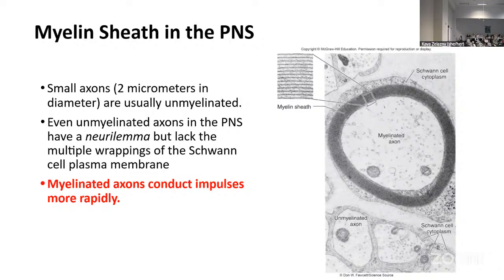So if we're trying to make a nerve work fast, it's helpful to make it big and helpful to put myelin on it. Even when you have small neurons in the peripheral nervous system, there will be a little bit of a neurolemma around it, like a little bit of a coating, but not these big multiple wrappings of the Schwann cells making big myelin chunks.